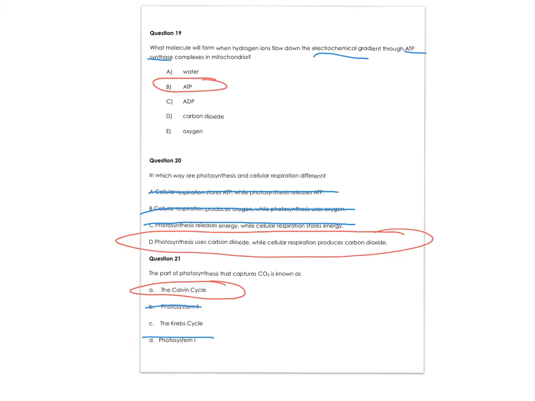That's what the photosystems are doing. The Calvin cycle is capturing the CO2 and combining it with that ATP and those electrons to make glucose. The Krebs cycle is in cellular respiration, not in photosynthesis. So if you chose C, you don't understand the two processes. All right, move on.